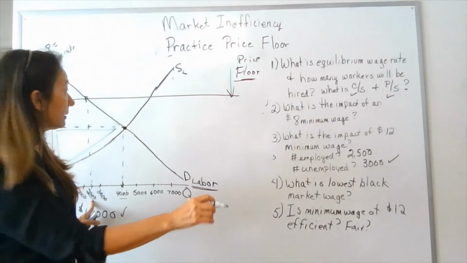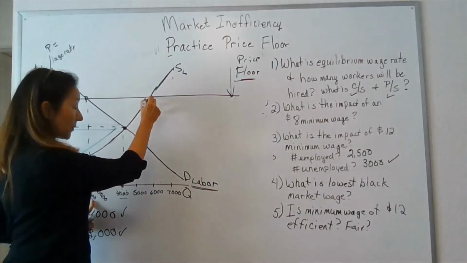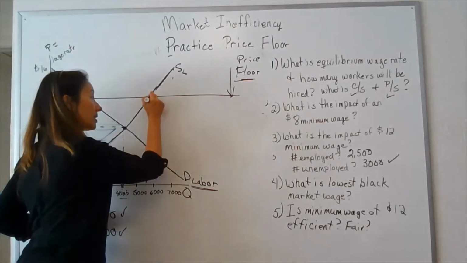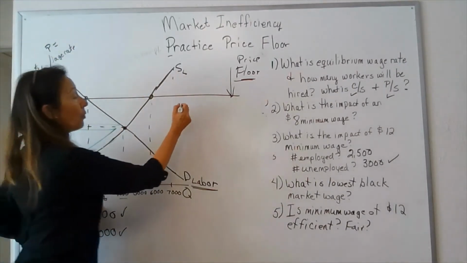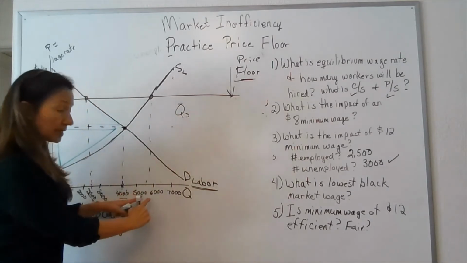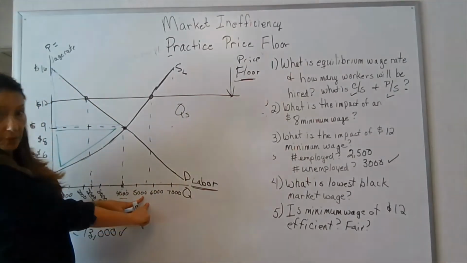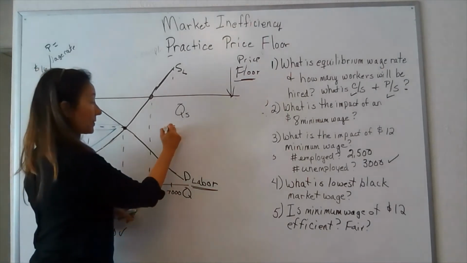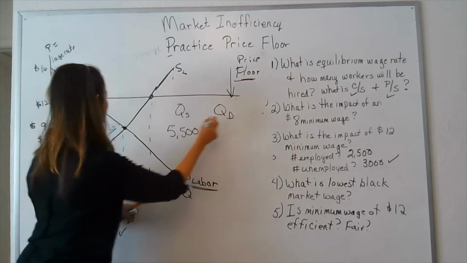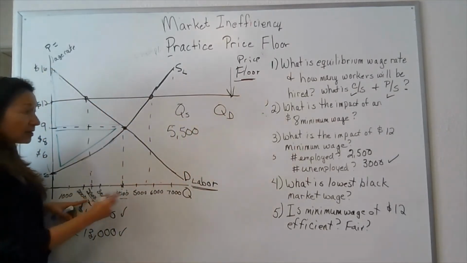At a price of $12, the supply is going to increase because that's a higher wage. So the quantity supplied of labor is going to be, according to this diagram, 5,500. And the quantity demanded, businesses are only going to demand 2,500.